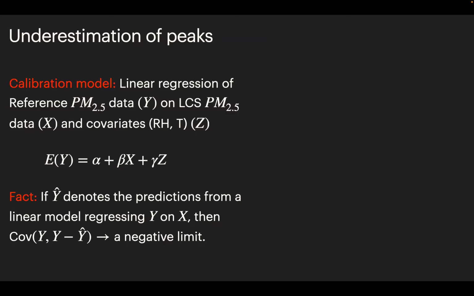We then tried to understand the properties of this calibration model, and we unearthed that if we have the predicted reference levels, which we denote by y hat, then you can actually show that the true concentrations and the residuals, which is the true minus the predicted, are negatively correlated. What does this mean?